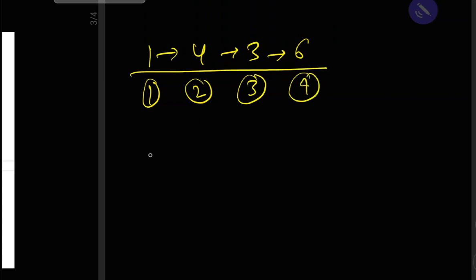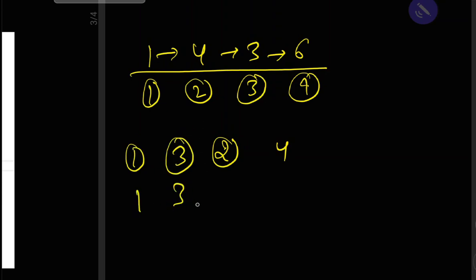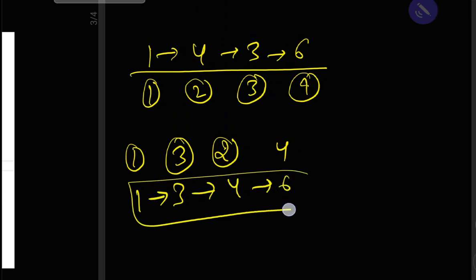Even indices are 2 and 4, and odd indices are 1 and 3. So 1, 3 will be together, and 4 and 6 will be together. We need to return this.